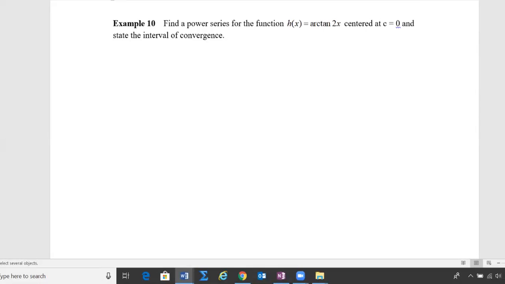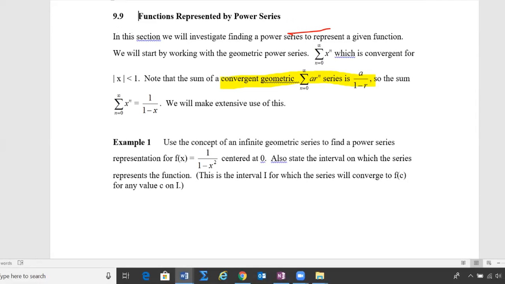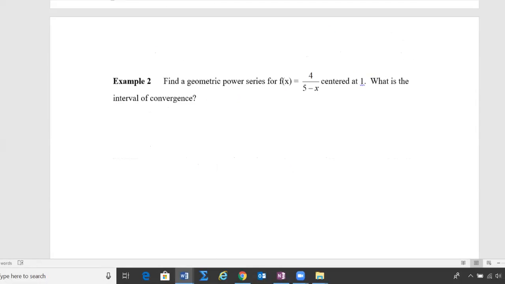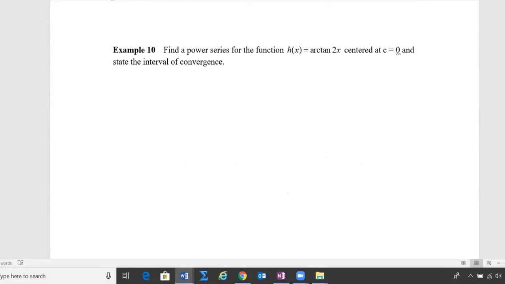We're going to finish this section up with one more problem. Again, what does this have to do with? You look at this and you just wonder, what does this have to do with geometric series anyway?